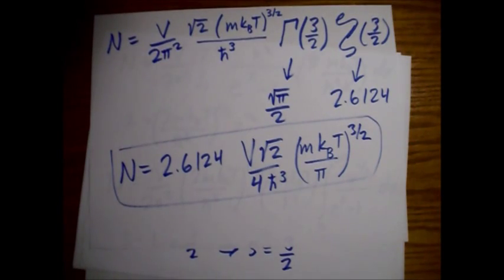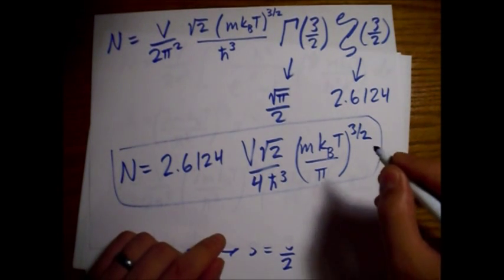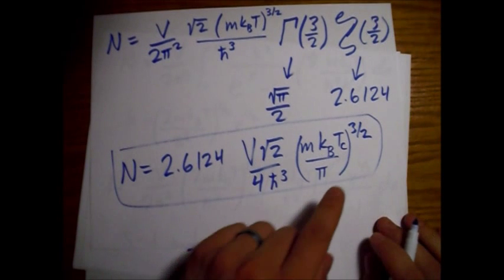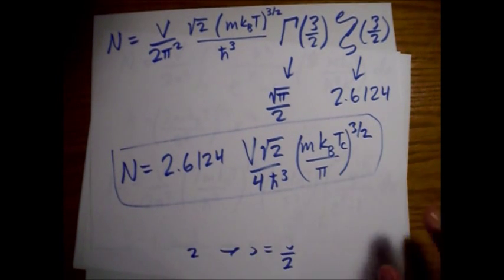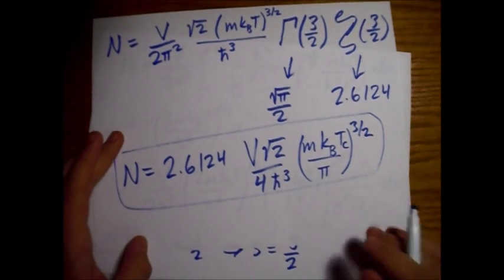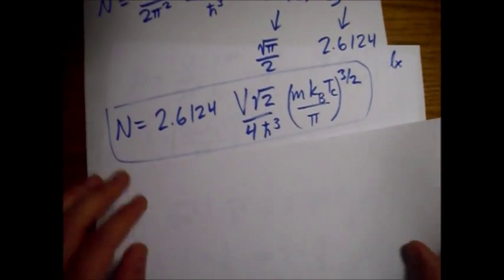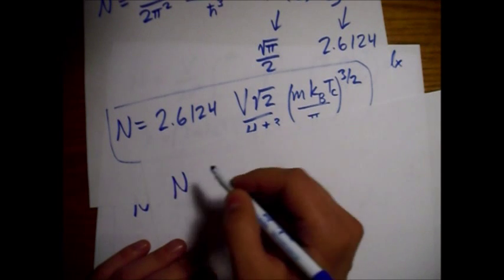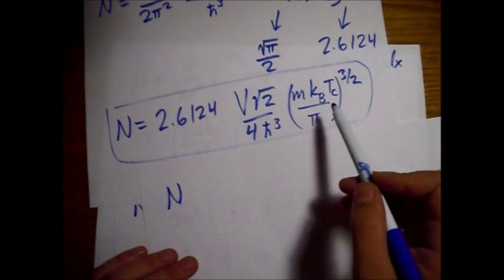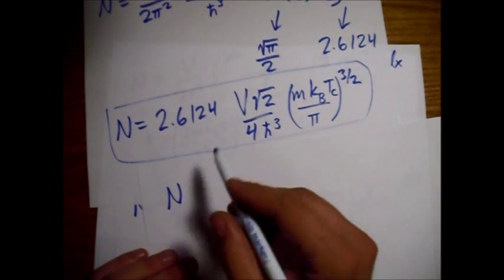Okay, forgot what we were solving for. We were actually supposed to solve for the temperature here. Okay, so let's go ahead and do that. I guess we can make a couple more changes real quick.